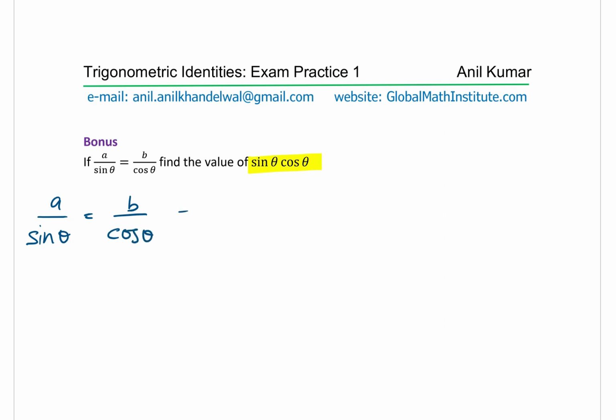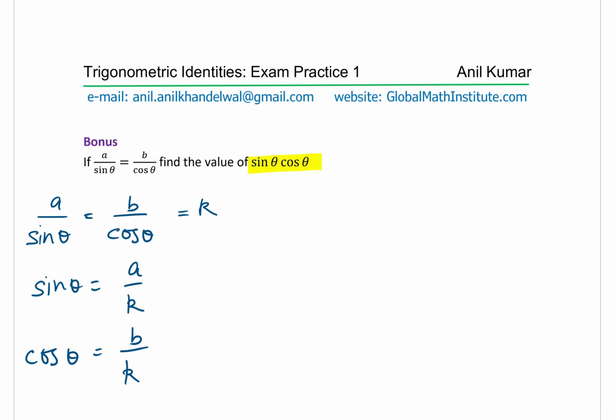We can say let it be equal to k, right? That's the strategy. So from here we can write that sine theta is equal to a over k and cos theta is equal to b over k. Does that make sense to you, right? That's a very good strategy to work with.